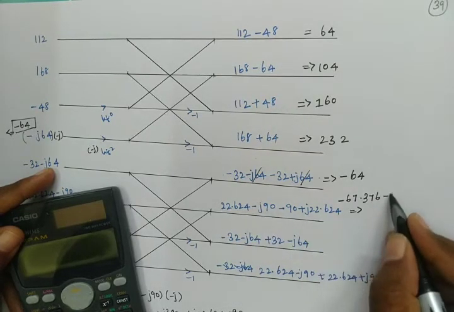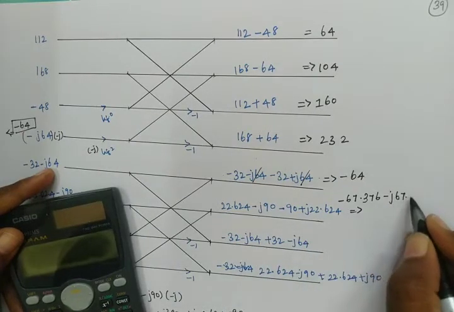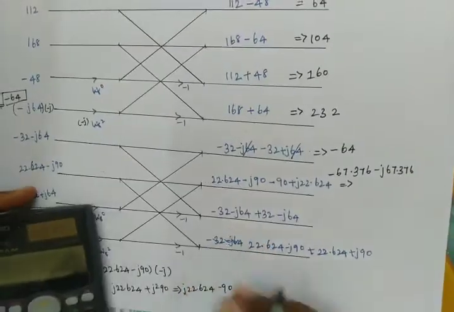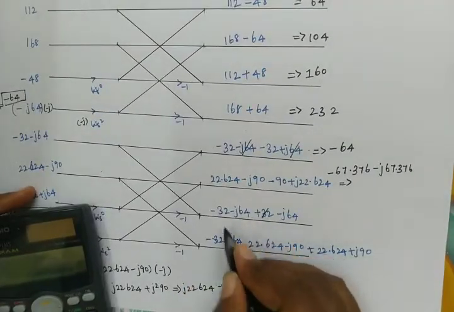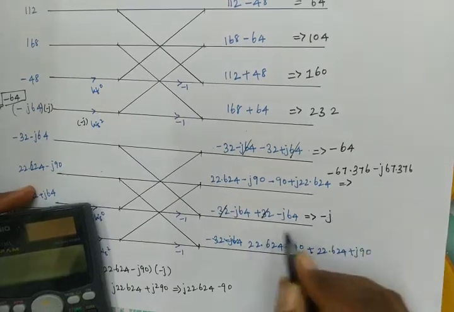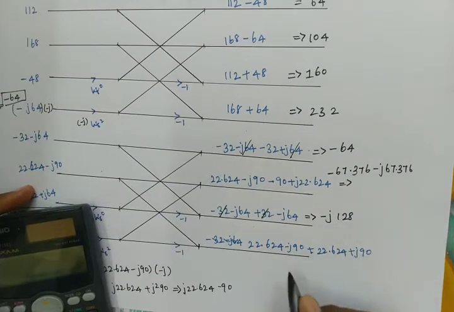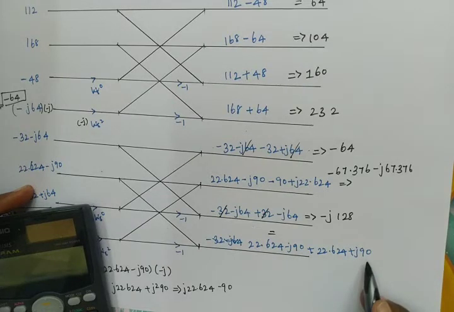So minus J, and here also 90, 22, so here we have same value 67.376. Then the next one is here we have plus 32, here we have minus 32. So minus J 64 plus 64, 128. Then here we have minus J 90, and here we have plus J 90.